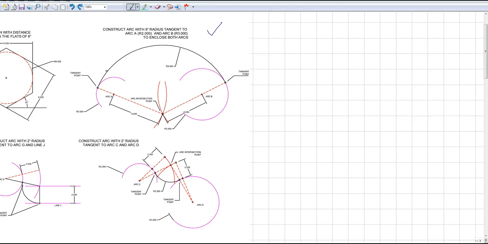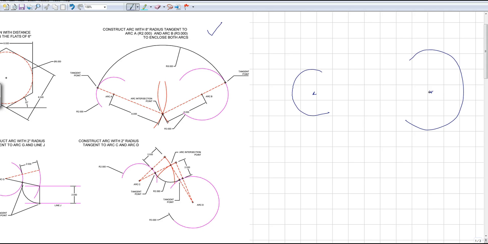First thing I need to do is get my two arcs. So this is arc A, drawing like that with a center, and then we have arc B going like that, again with the center.